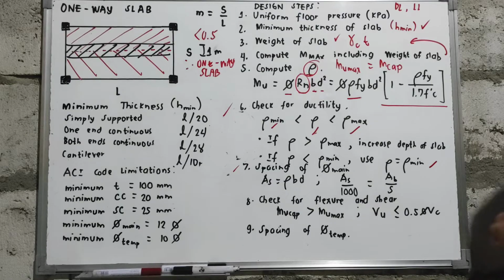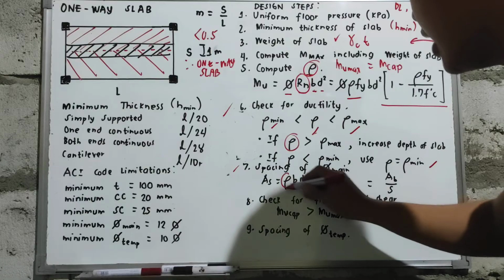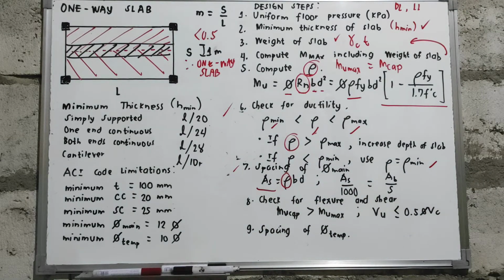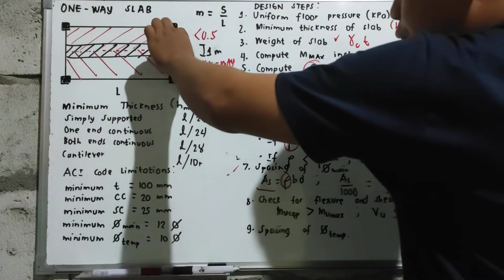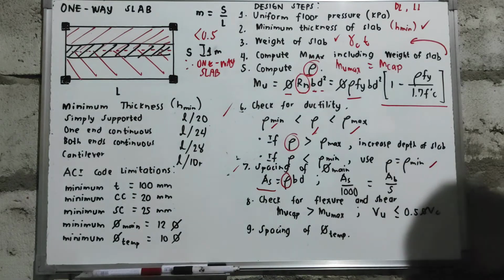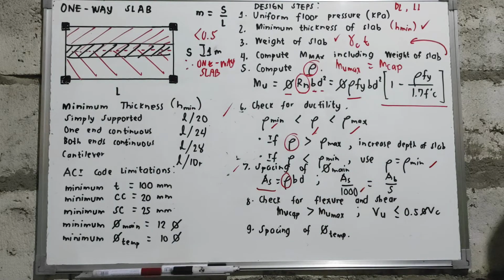So for this one, meron kang given na value ng rho natin. So gagamitin natin yung value ng rho to compute for the value of your total area of your steel. So remember, we consider a 1 meter strip here. So ang gagawin natin yan in terms of millimeter, that will be 1,000 millimeter.